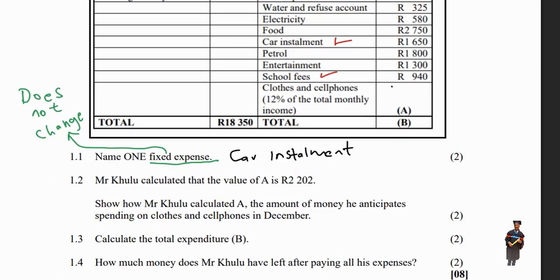So it's 18,350. Now, how do we get the percentage of an amount? We take the percentage, which is 12%, we divide it by 100, and then we multiply it by the money that we want the percentage of. Okay, and then let's grab our calculator.